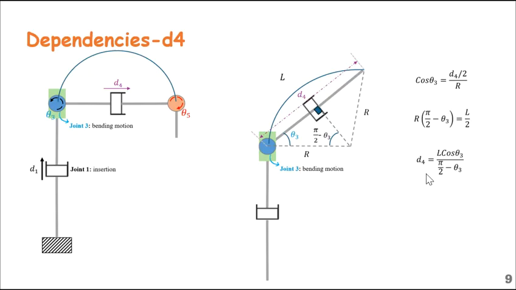Also, we know that the arc length equals L. Here you see L divided by 2, as I'm applying the rule for half of this angle here, so the arc length will also be L divided by 2. So we know that the arc length, which equals L divided by 2, equals the radius multiplied by the angle between the two radii. Now these two give us a coupling between d4 and theta 3.